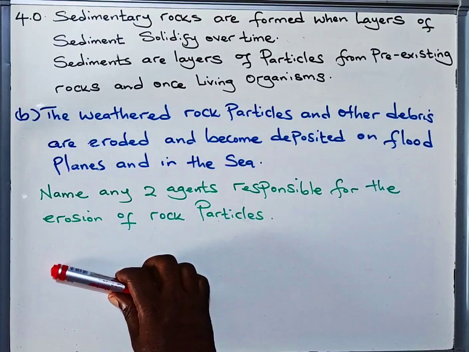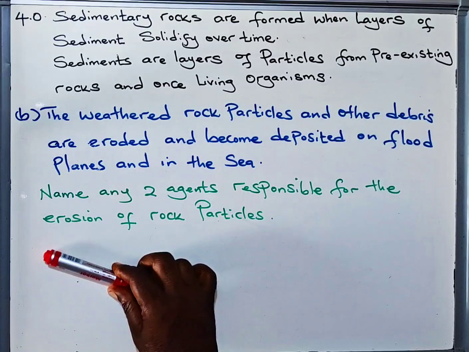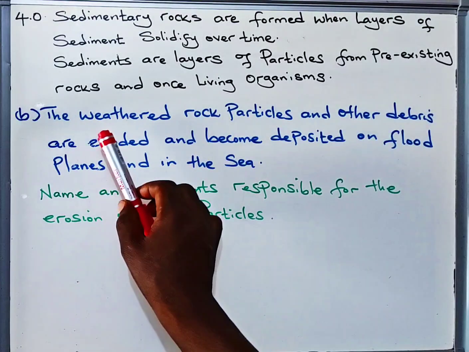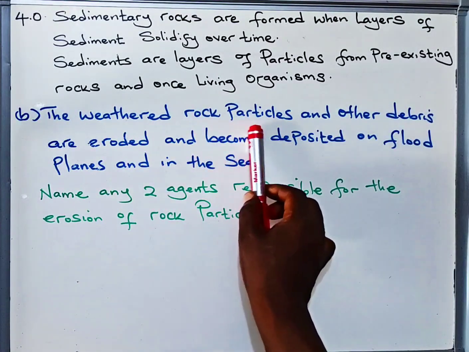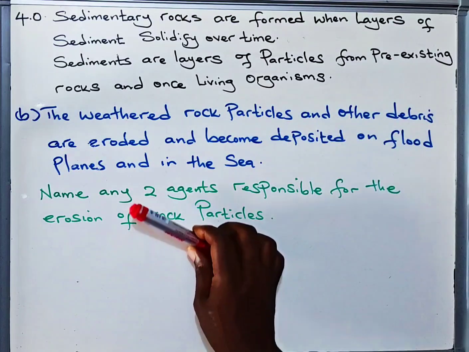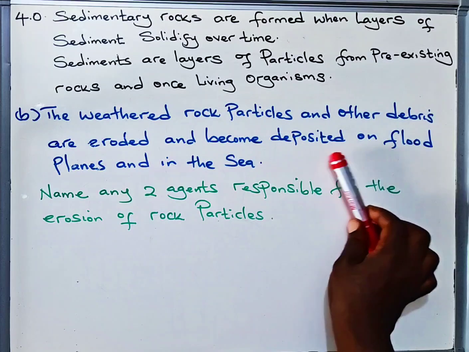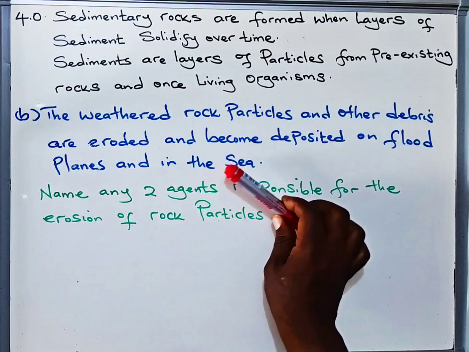Then we come to this question. It says that the weathered rock particles and other debris are eroded and become deposited on floodplains and in the sea.